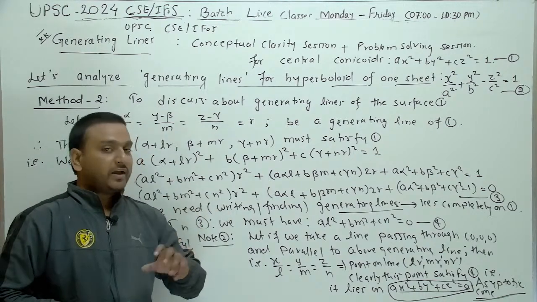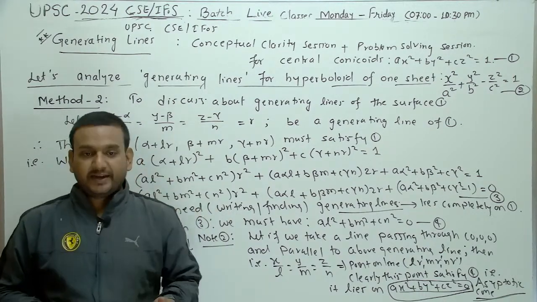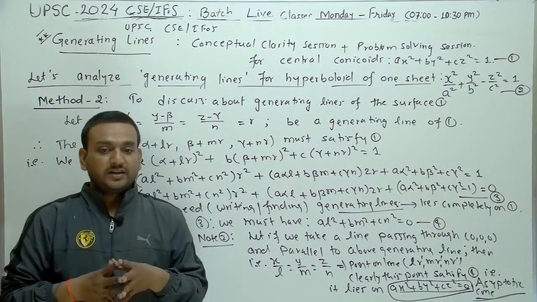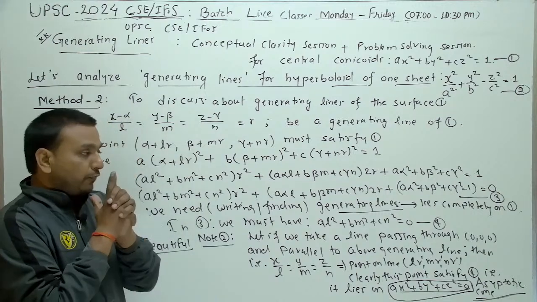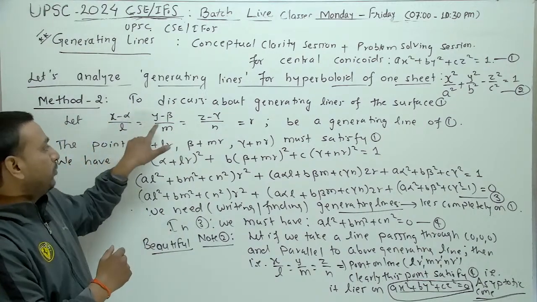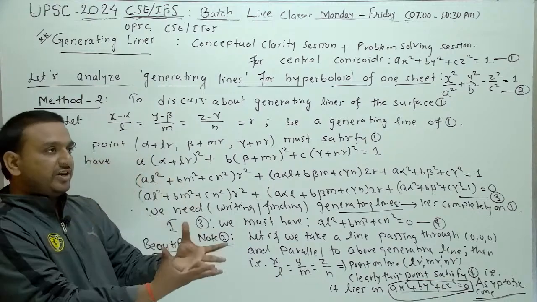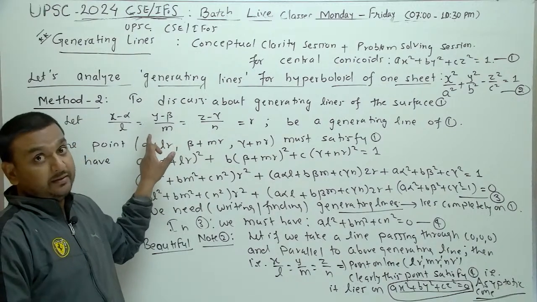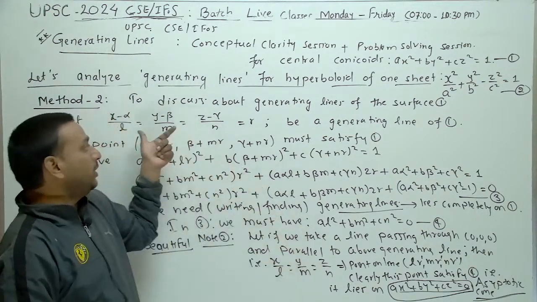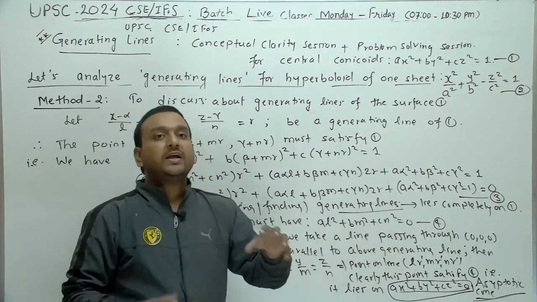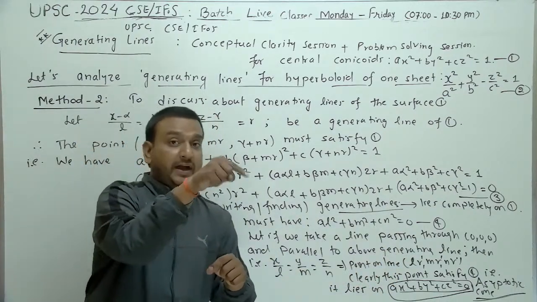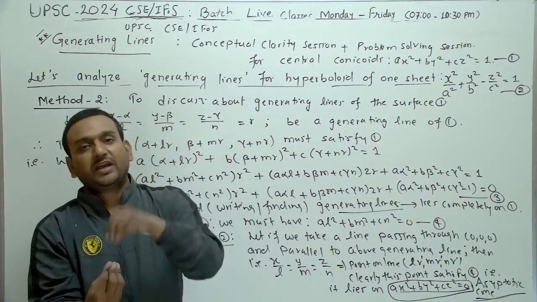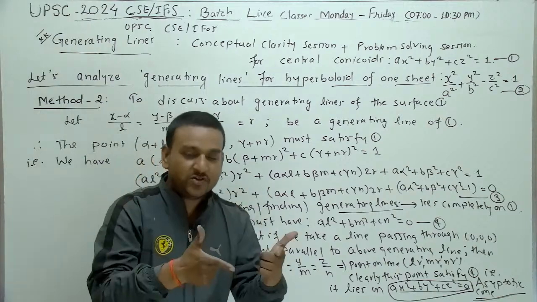Okay dears, when you talk about generating lines, it simply indicates that if you have any point on the generating line, you have a tangent plane to that surface. And if I take a line parallel to the generating line passing through the origin, then any point on that line will lie on the asymptotic cone ax square plus by square plus cz square equals to 0.